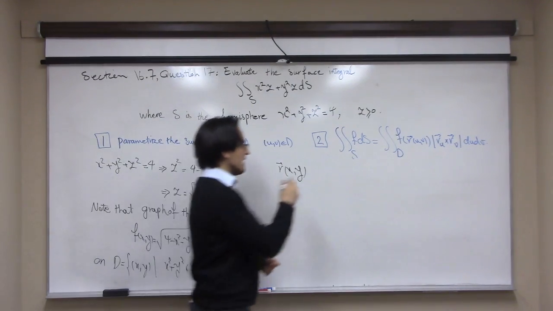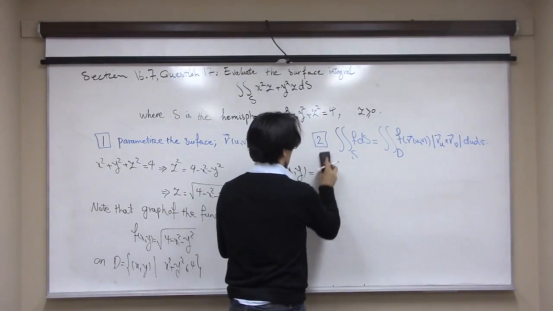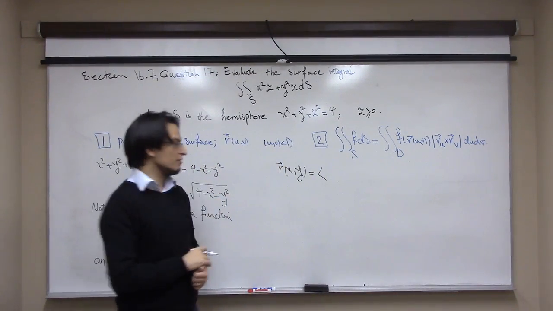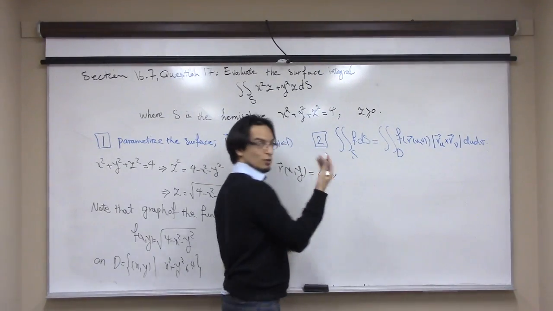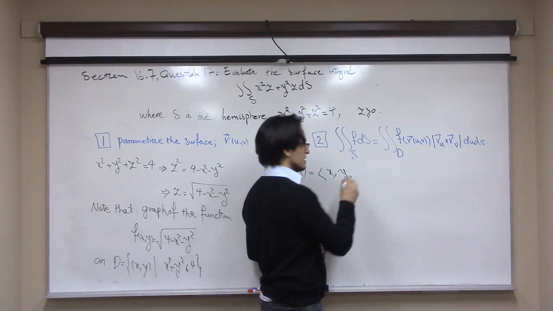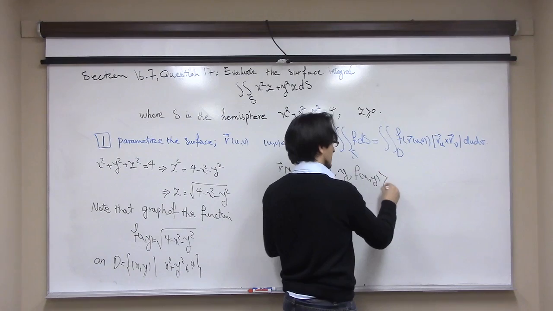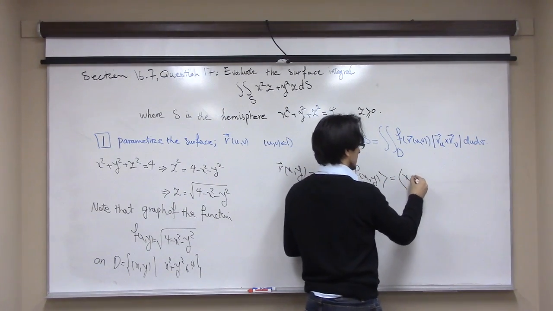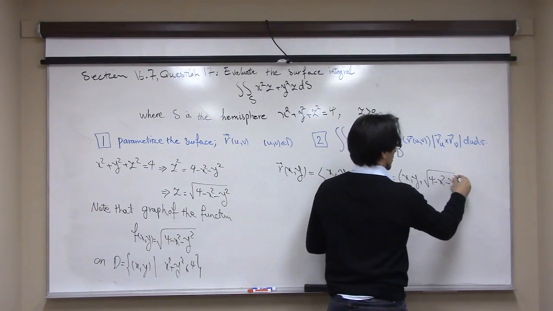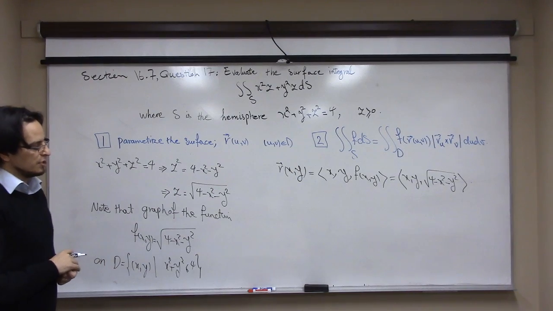And the vector function which gives you that surface is x equals x, y equals y, and z equals f of x, y. So in our case, x, y, square root of 4 minus x squared minus y squared is the parameterization.